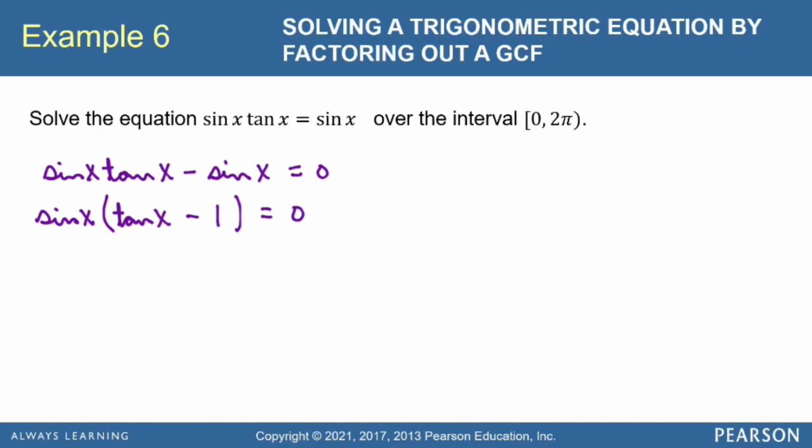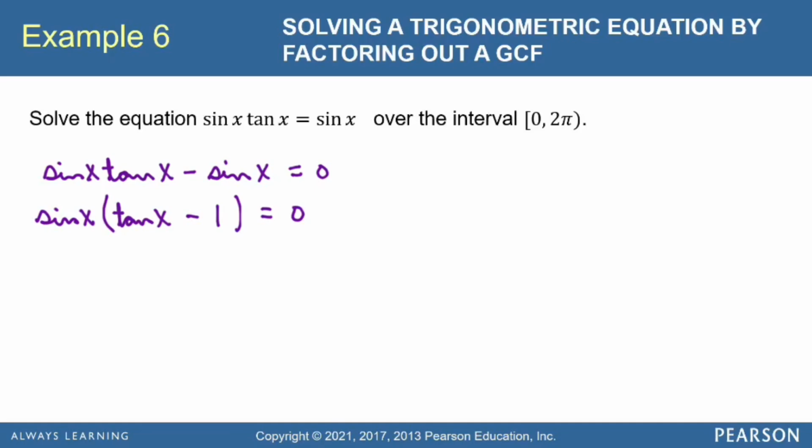So the equals 0 must be copied from the previous line. You can't set each factor equal to 0 unless the whole factored expression is equal to 0. So do not lose your equals 0 here. That's a bad habit that a lot of students have, and that is something that can count off. So make sure as you're solving that you keep your whole equation together.